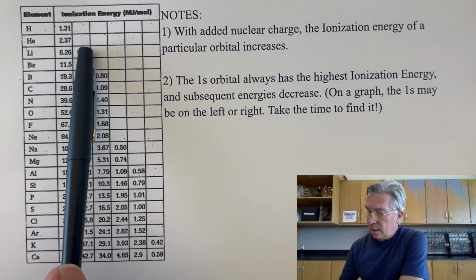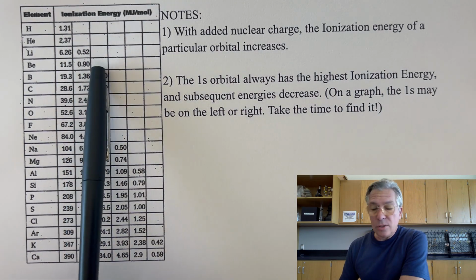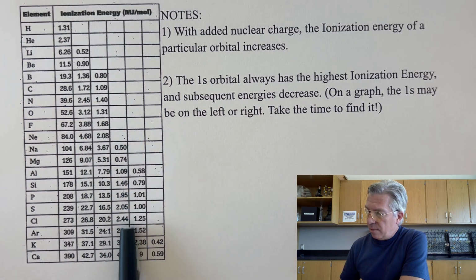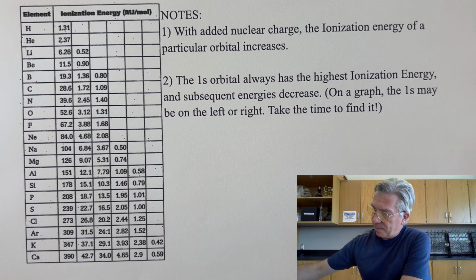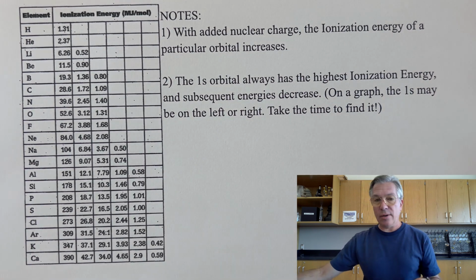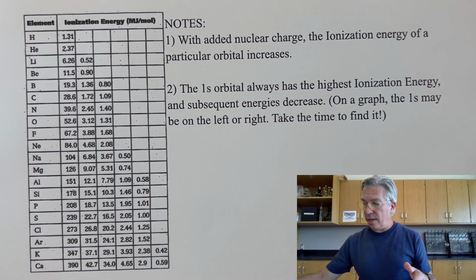Here's the 2s. Each column represents an orbital: 2p, 3s, 3p, and 4s down there. The 1s orbital always has the highest ionization energy. So on a graph, it may be on the left or right. Take the time to find it, because that's your starting point to building an electron configuration.